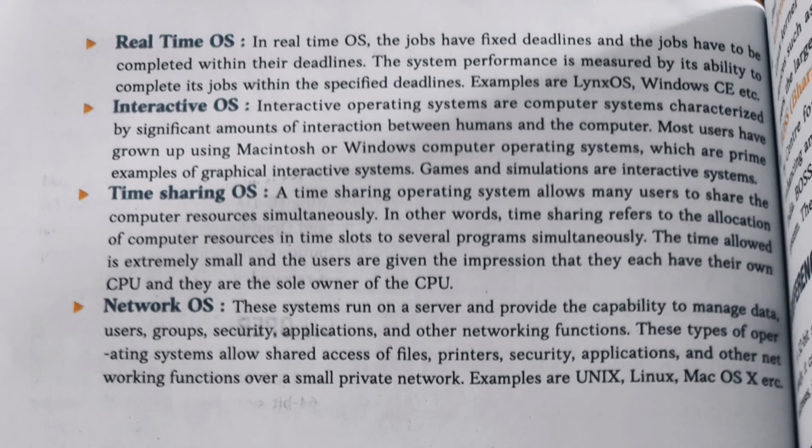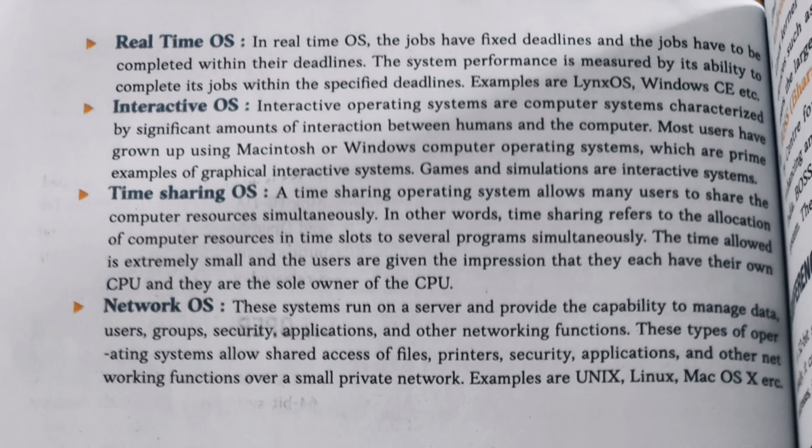Interactive OS. An interactive operating system or computer system is categorized by significant amounts of interaction between human and computer. Most of the modern Mac and Windows operating systems are prime examples of graphical interactive systems. Games and simulations are interactive systems. So interactive OS means communication between the human and the computer.